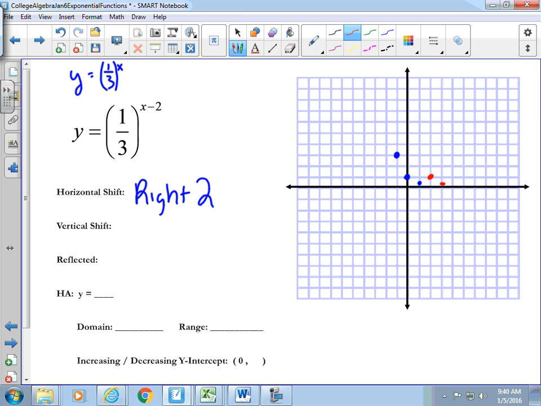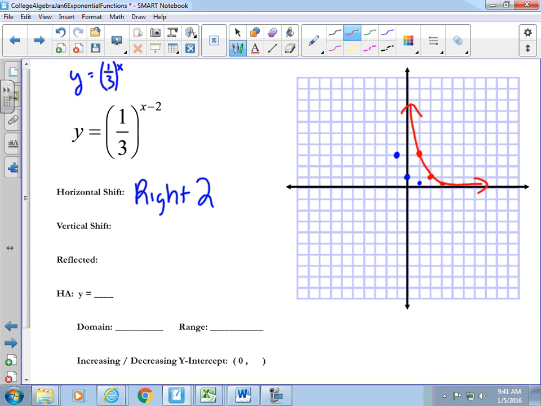Now on the other one I said, make sure you move the asymptote, right? Does the asymptote move if I move left and right? Does the horizontal? No, because it only moves if I move up and down. So when I expect to see that dotted line is when you move up or down.